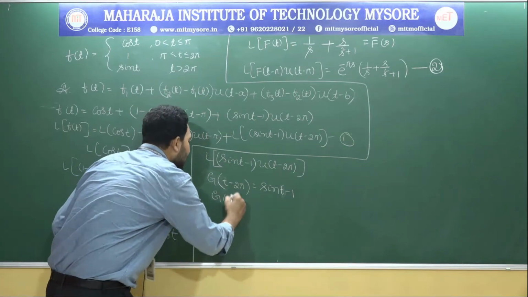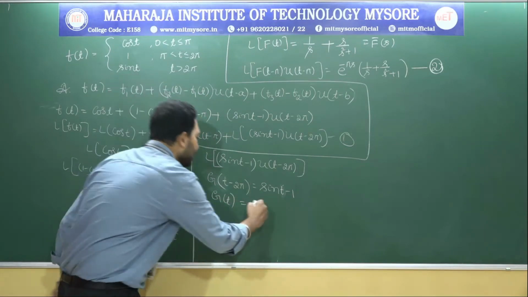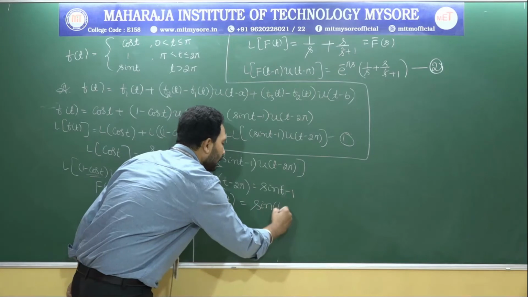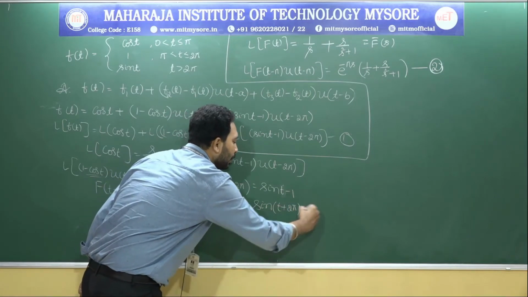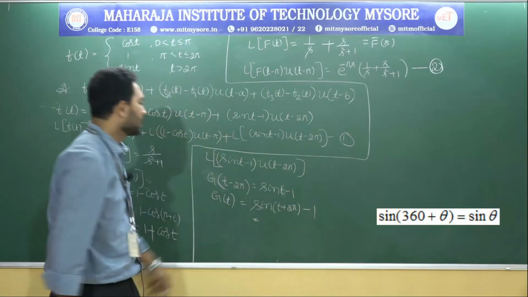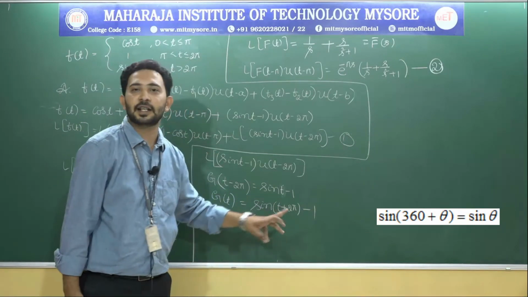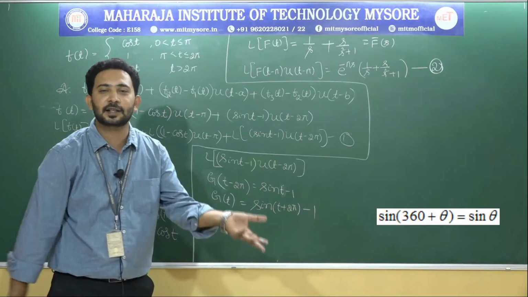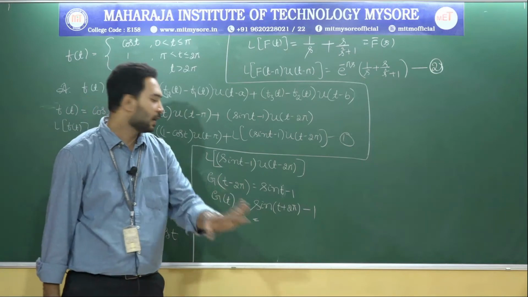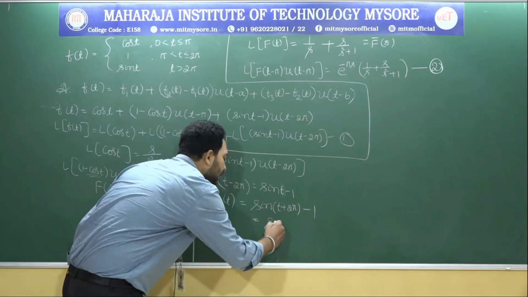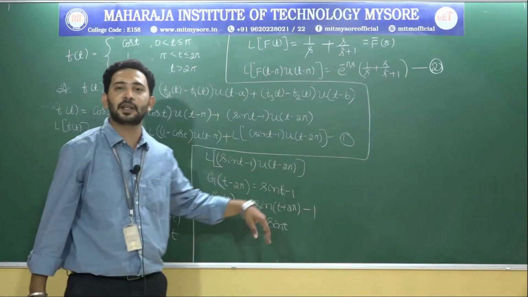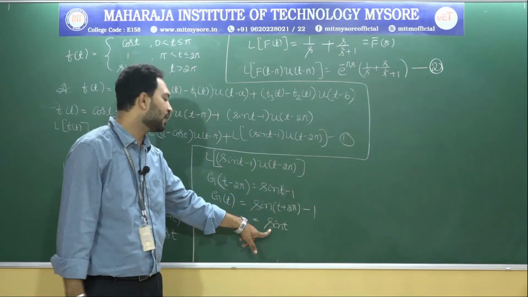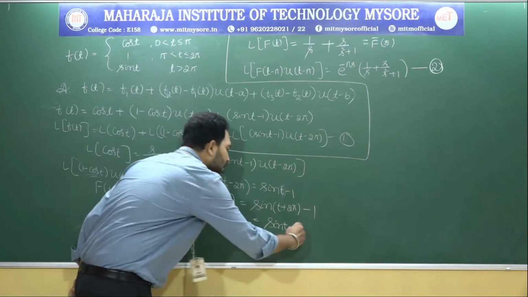Then what is g of t? Replace t by t plus 2 pi. Sin of t plus 2 pi minus 1 equals sin of 360 plus theta. What is sin of 360 plus theta? In the case of 360, the function will not change. So sin becomes sin only. 360 plus theta means first quadrant. So this becomes sin theta minus 1.